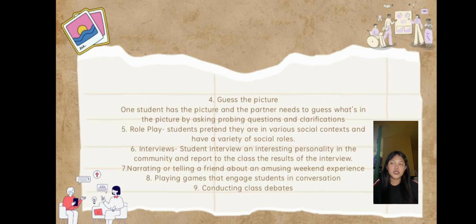Fourth is guess the picture. One of the students has the picture and the partner needs to guess what's in the picture by asking probing questions and clarifications. Fifth is role playing. Students pretend they are in various social contexts and have a variety of social roles. Sixth is interviews. Students interview an interesting personality in the community and report to the class the result of the interview.